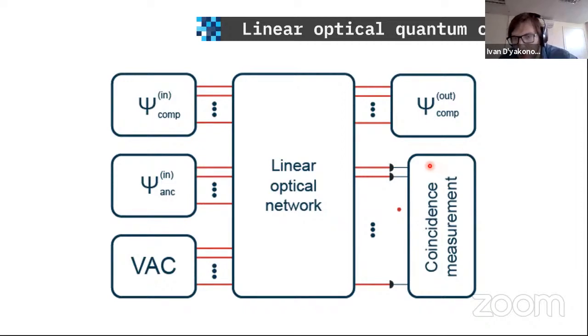The thermo-optical phase shifters, as far as I know, don't operate faster than several hundreds of kilohertz. I think this is the limit imposed by the physics of the devices themselves. So even a 100 kilohertz operation rate is something around a microsecond.